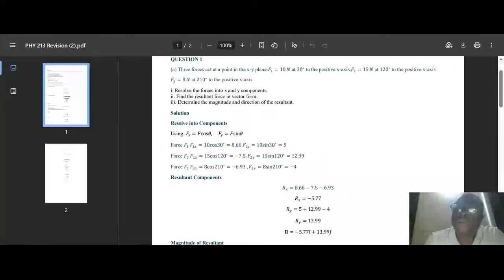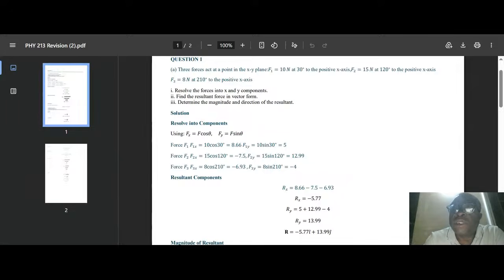F2 equal to 15 Newton at 120 degrees to the positive x-axis. And F3, 8 Newton at 210 degrees to the positive x-axis. Then we are to resolve the forces into x and y components. That is number 1. 2, find the resultant force in the vector form. And 3, determine the magnitude and direction of the resultant.